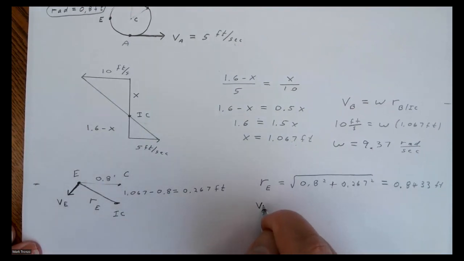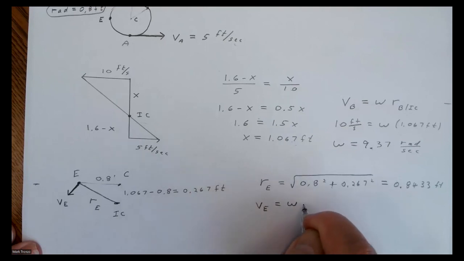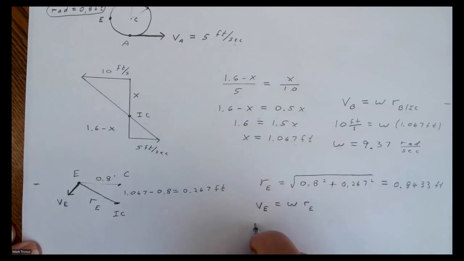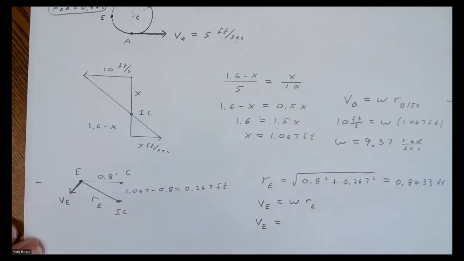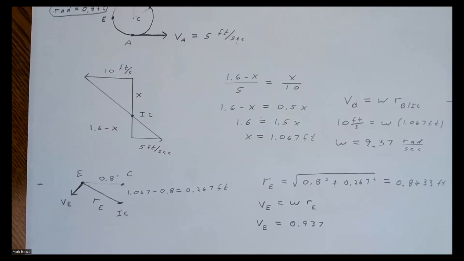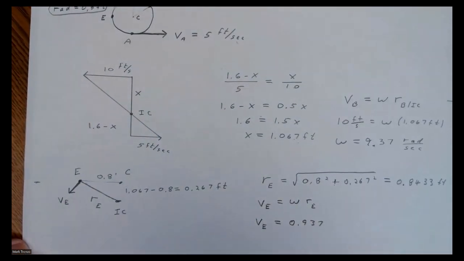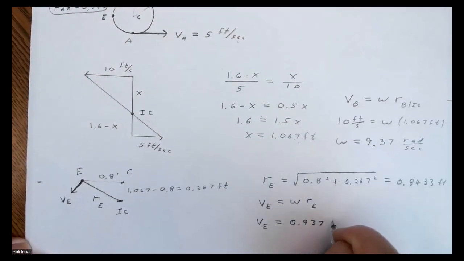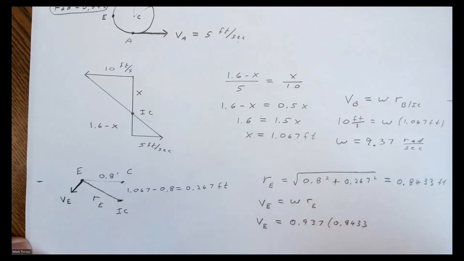And the velocity of E is going to be equal to omega times RE. So the velocity of E is going to be 9.37 times 0.8433, and that's going to give us 7.9 feet per second.